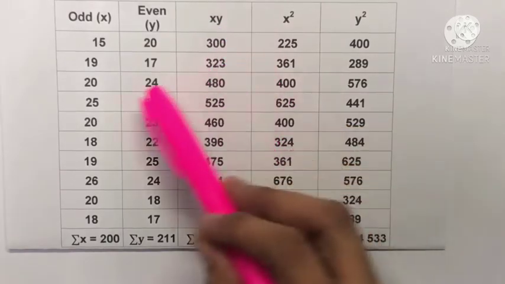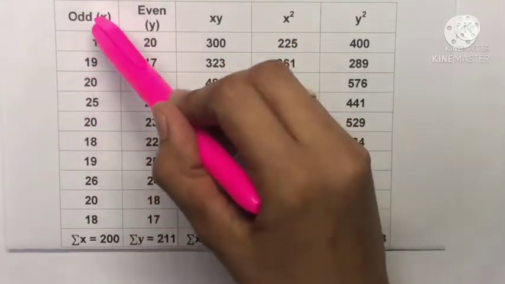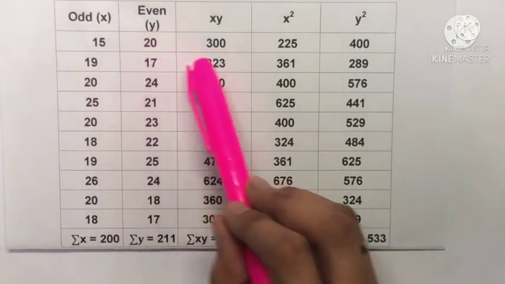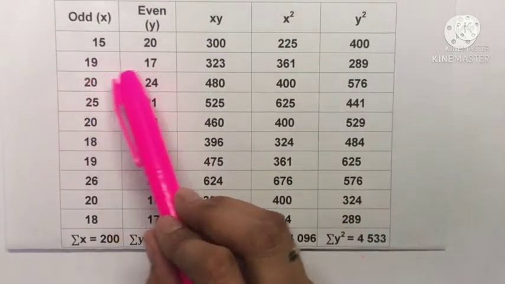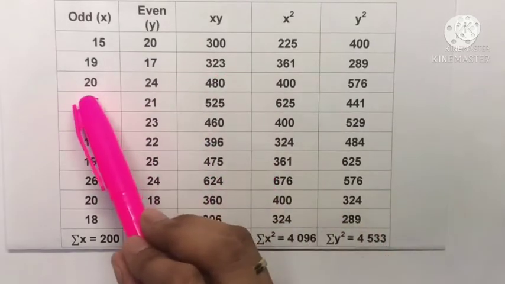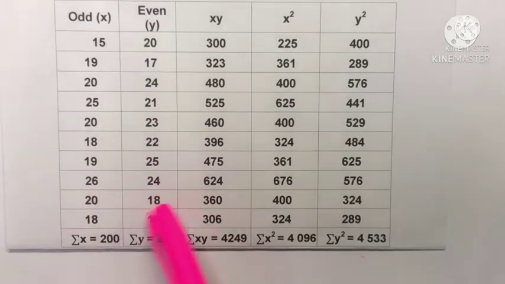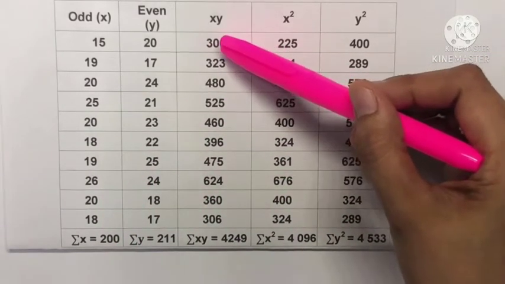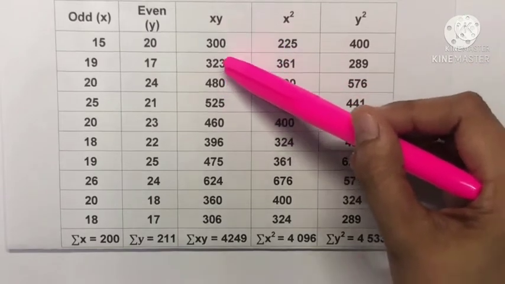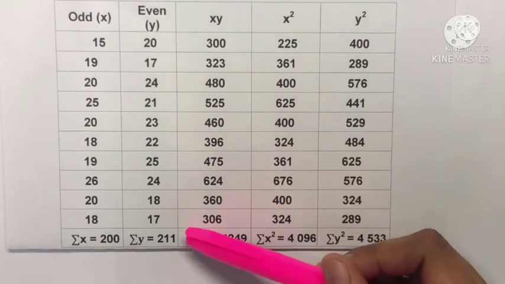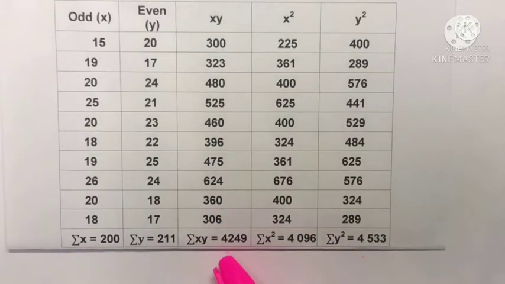For xy, we will just multiply the x here and then the y. So 15 times 20, 300. 19 times 17, 323. 20 times 24, 480, and so on. Okay, to get summation of xy, just add 300 plus 323 plus 480 and so on up to 306. So summation of xy is equal to 4,249.